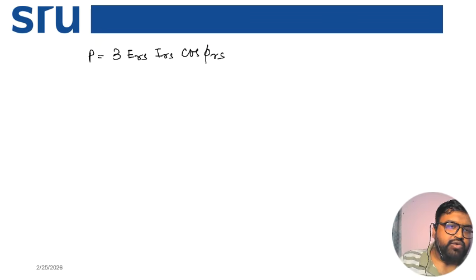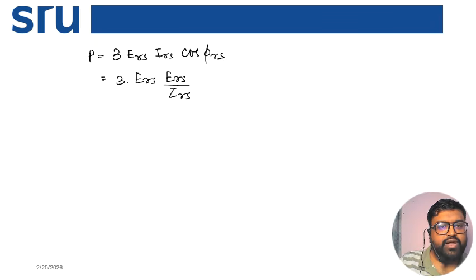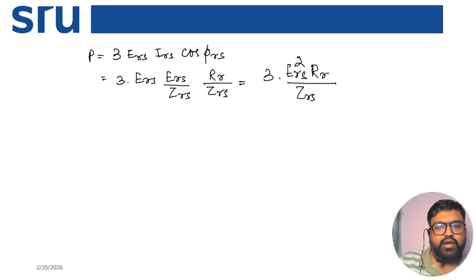Alright. Now you simplify, P equals 3 into ERS, and IRS is nothing but ERS by ZRS, and cos phi RS is nothing but RR by ZRS. Then can I write here 3 into ERS square into RR divided by ZRS square, right?